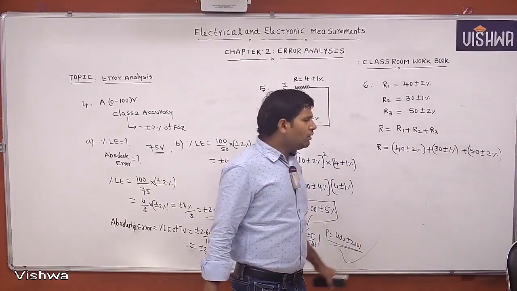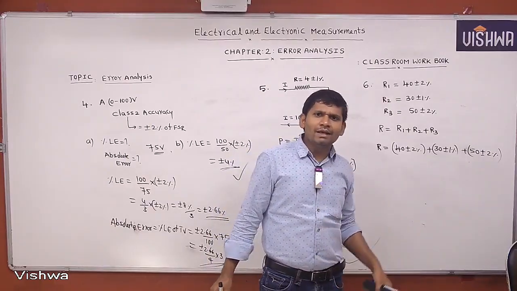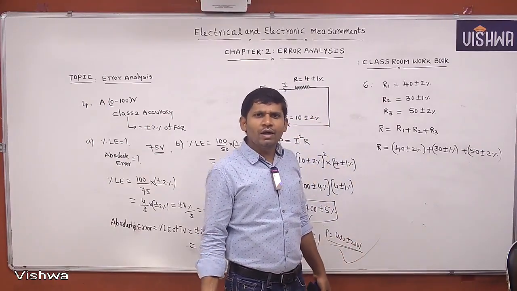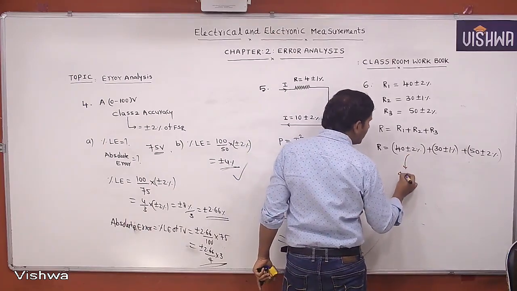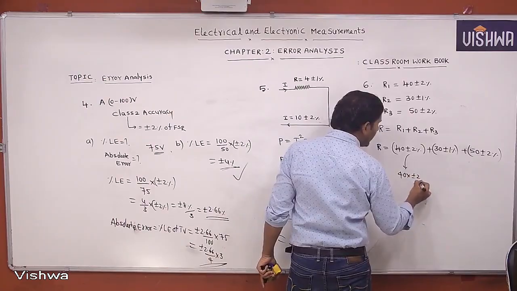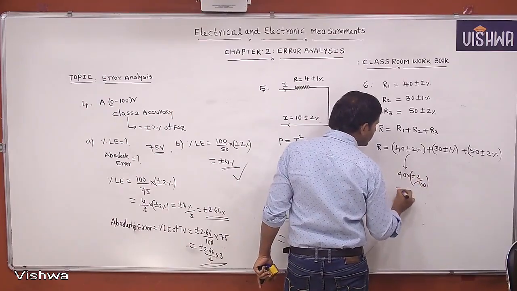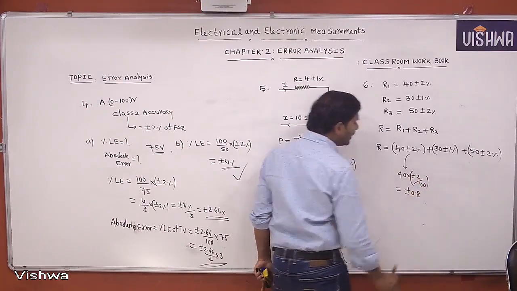But in addition, we don't add limiting errors directly. That's why first you convert into absolute form. What is the absolute error of this one? 40 into plus or minus 2 by 100. How much do you get? Plus or minus 0.8.